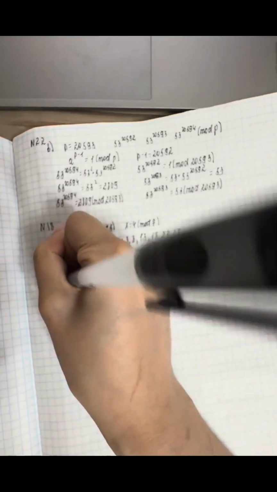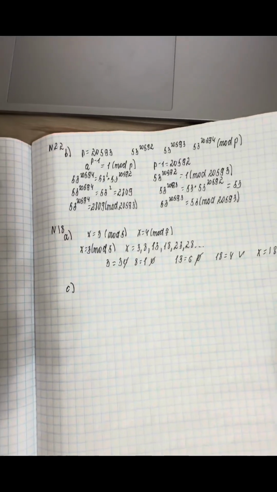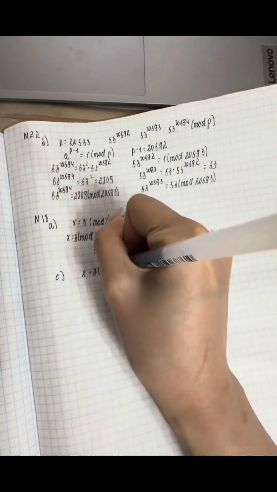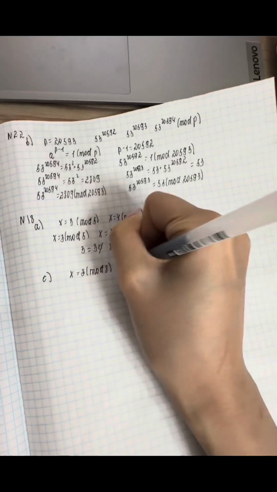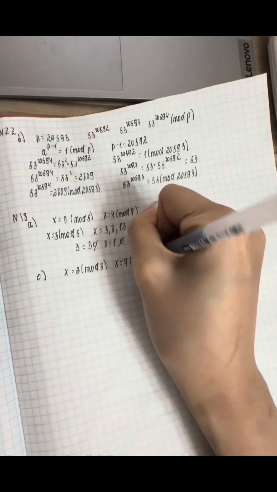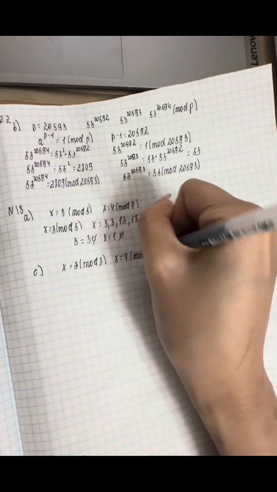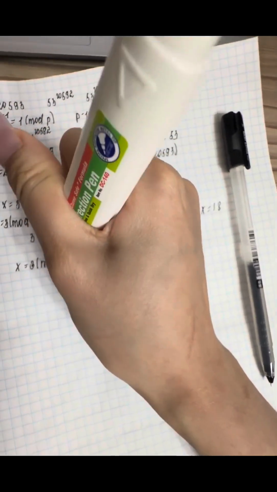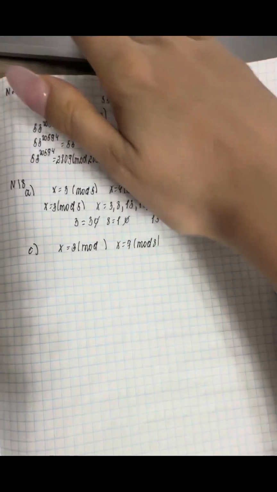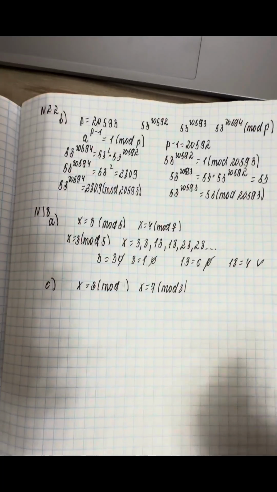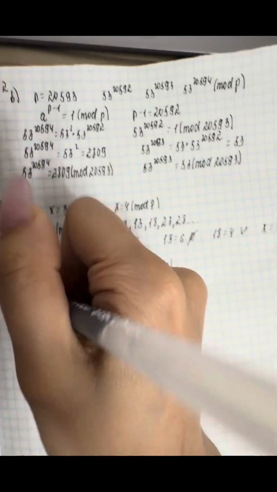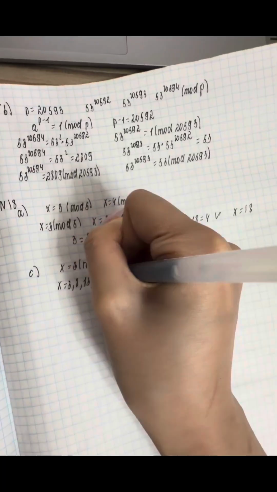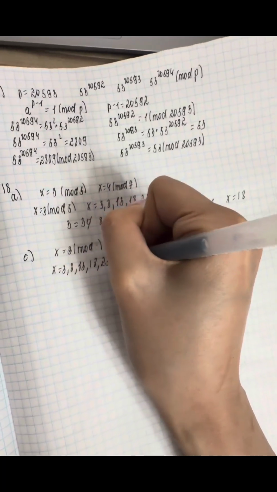Part C, we are given x equal to 3 modulo 5, I'm sorry, and x equal to 7 modulo 8. Again, I list numbers congruent to 3 modulo 5: 3, 8, 13, 18, 23, and so on.